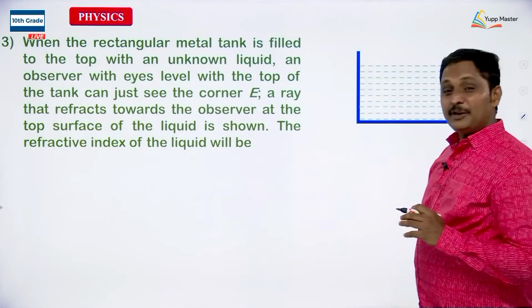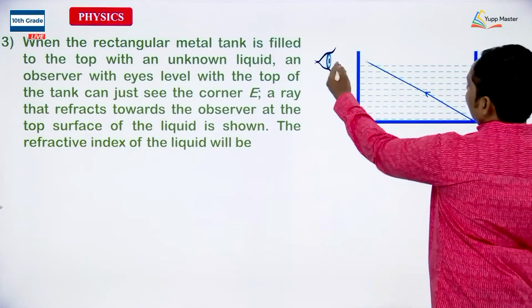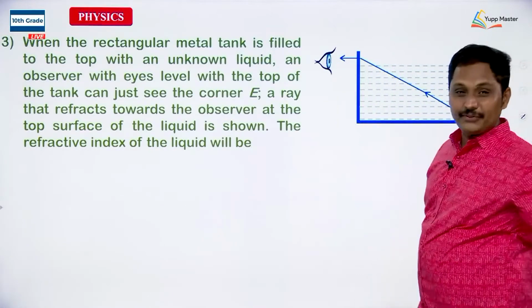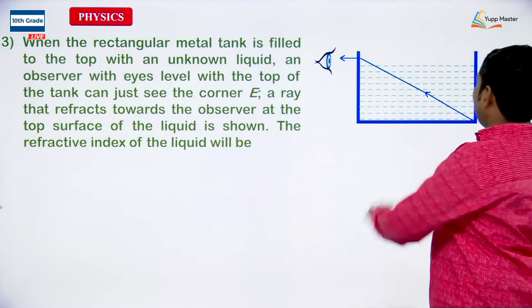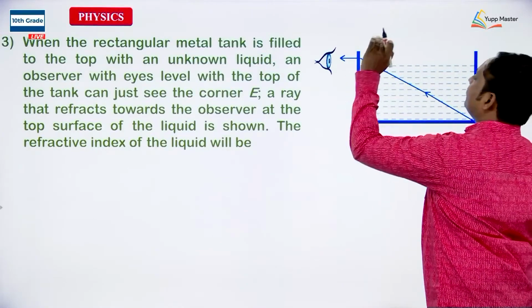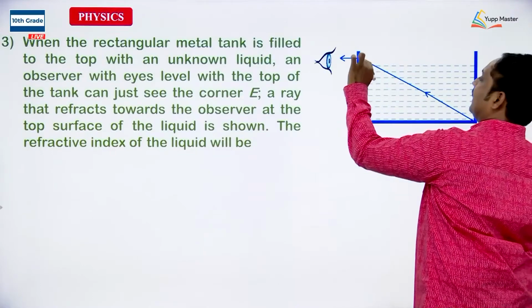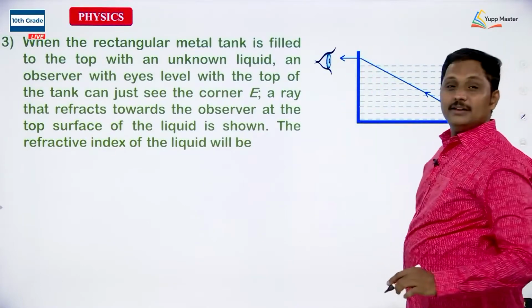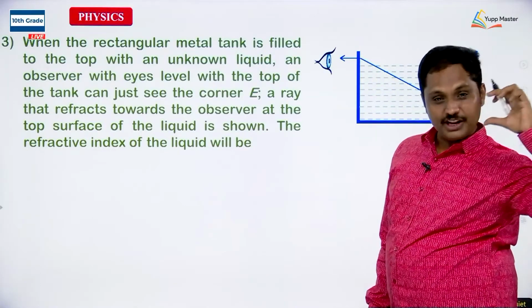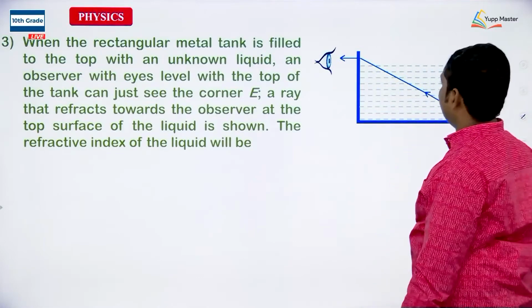Whenever it has been viewed from the top surface, you have identified that the light ray has been refracted through the boundary at 90 degrees, it is very clear.